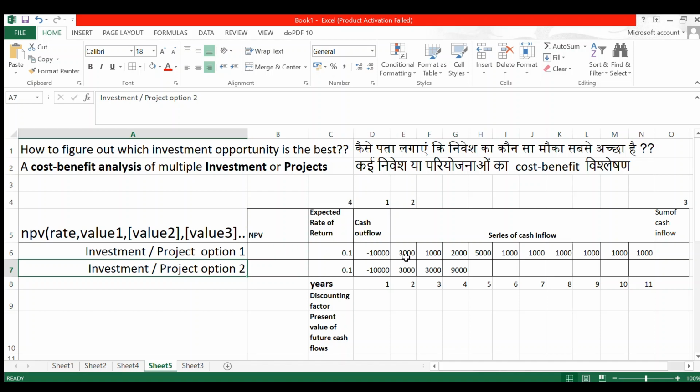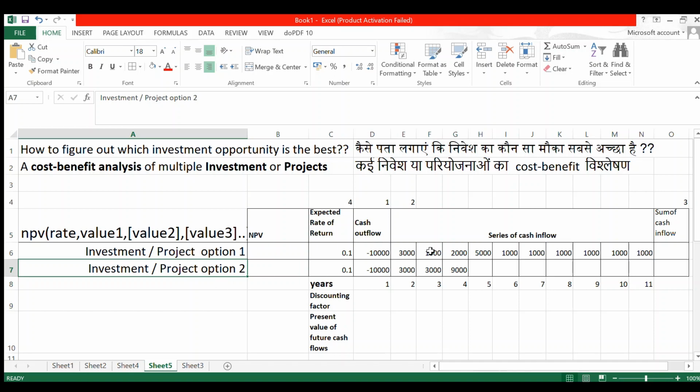We can see from here that at the end of the second year, you are receiving 3,000 rupees. At the end of the third year, you are receiving 1,000 rupees. Fourth year, you are receiving 2,000 rupees. And fifth year, you are receiving 5,000 rupees. And from the sixth year onwards, till the 11th year, you are receiving 1,000 rupees each year.